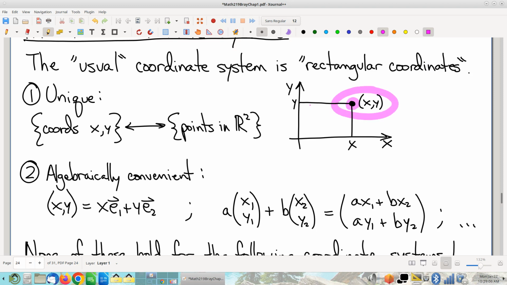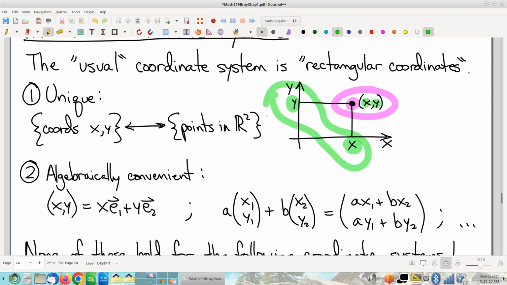right? Given a point in the plane, then we talk about the x-coordinate by, draw this little rectangle, or multiple different equivalent ways to think about this, right? But you get an x-coordinate and you get a y-coordinate, and between the two of them, we call these the rectangular coordinates for that point.